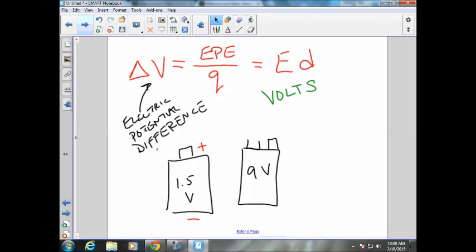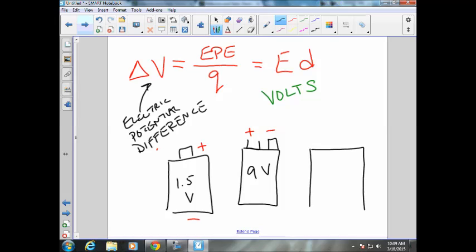In this little 9-volt battery, there are actually 6 1.5-volt batteries linked together in series, so that between one side and the other side, all 6 of them together provide 9 volts of electric potential energy per charge that they are moving. So you've got the positive side, the negative side, 9 volts of potential difference. There's still electric potential on the negative side, but there's 9 volts more potential on the positive side.